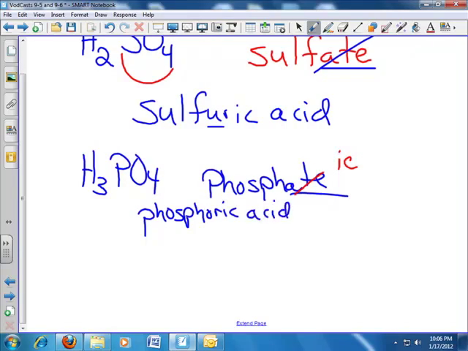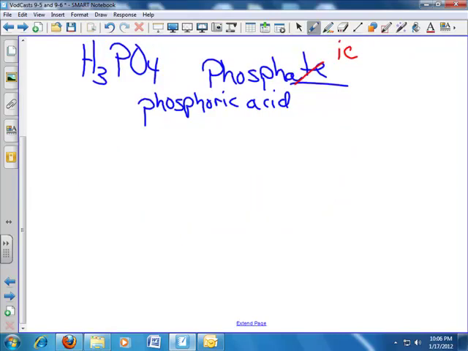Again, we added a little bit to the name. We went back to its original name, but we put an IC on it. Notice that on all of these, we didn't put a hydro in front. The hydro prefix does not belong here because that is only for binary acids. So it's just phosphoric acid.